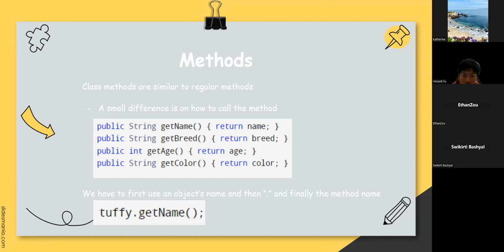We can't just type get name because then we don't know what name we're trying to get. We have to type the name of the object that we want the name of. So in this instance, if we type Tuffy dot get name, the method would return the name of Tuffy, which is Tuffy. And then we can use a string variable to hold the name because if we want to do something with it later.